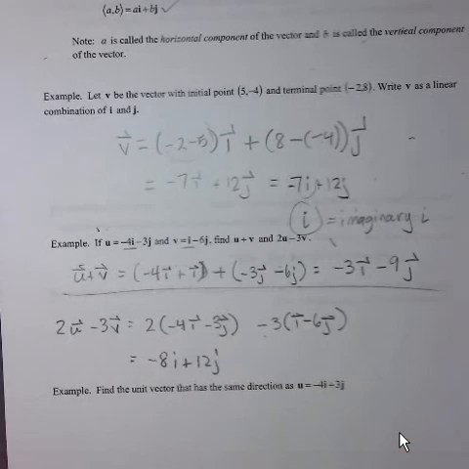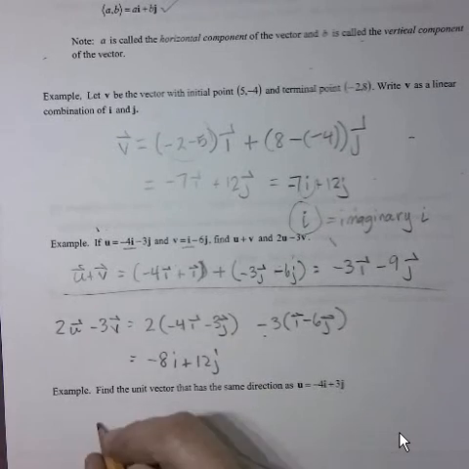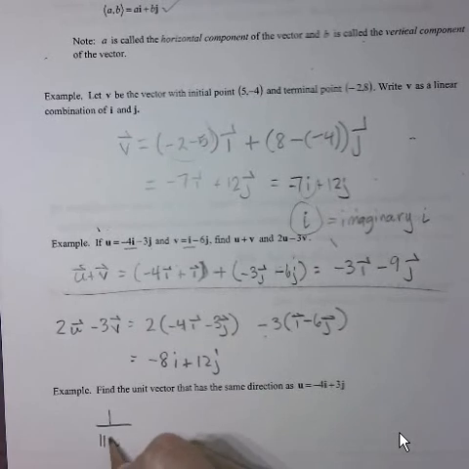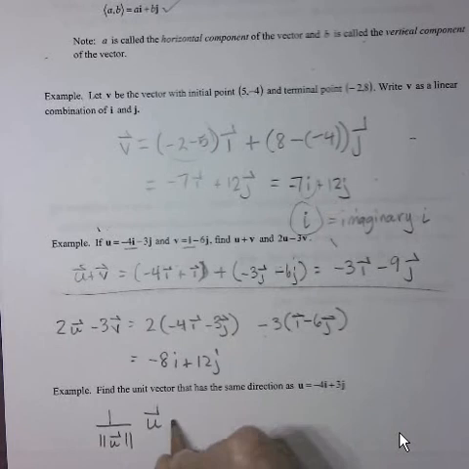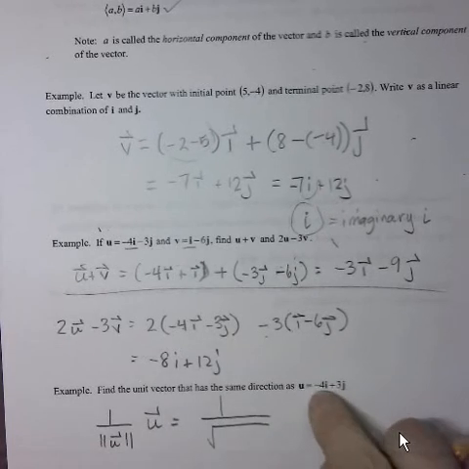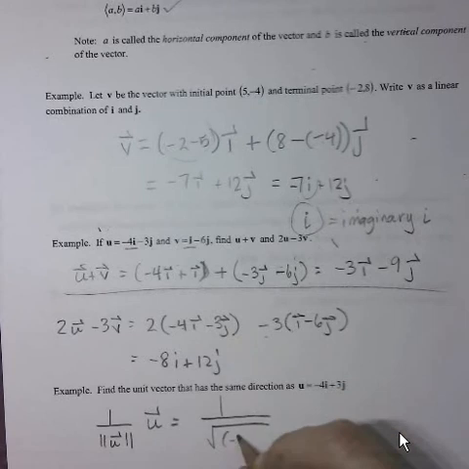Find the unit vector that has the same direction as u. So we already did a problem like this. It's just using a different notation. We need to find 1 over the magnitude of u and then multiply it times u. So this is 1 over the square root, and the components are just the coefficients, (-4) squared plus 3 squared, times -4i + 3j.